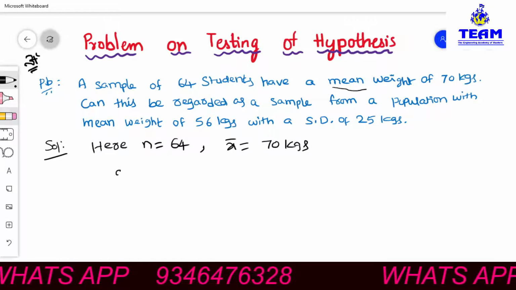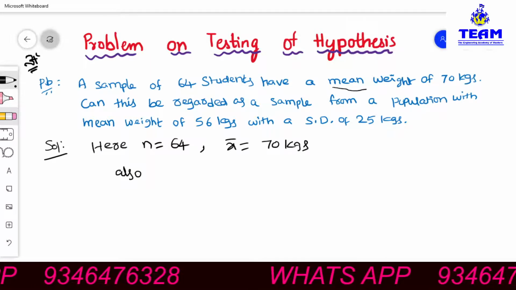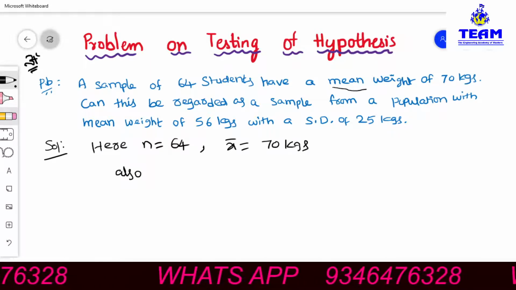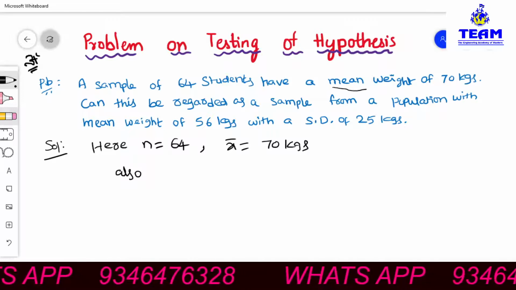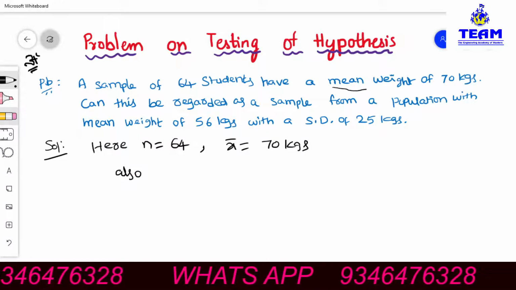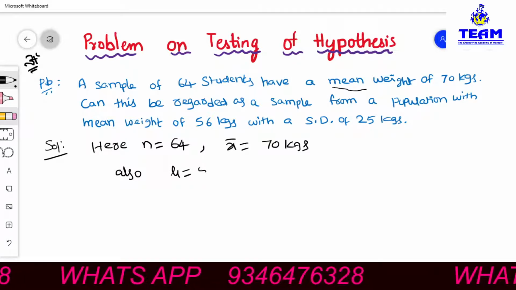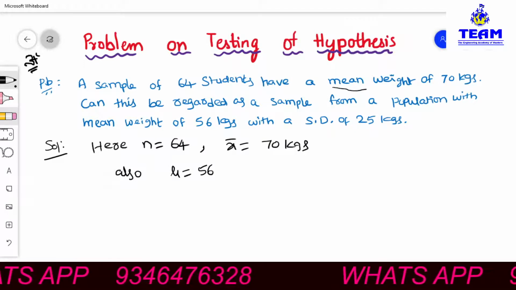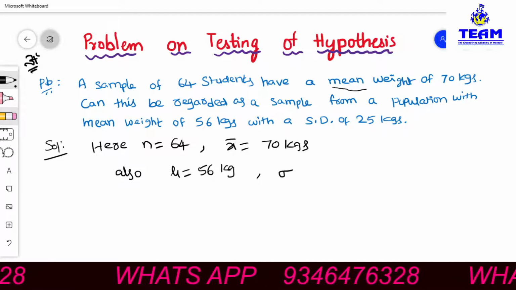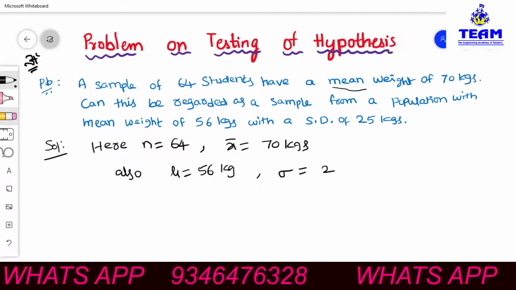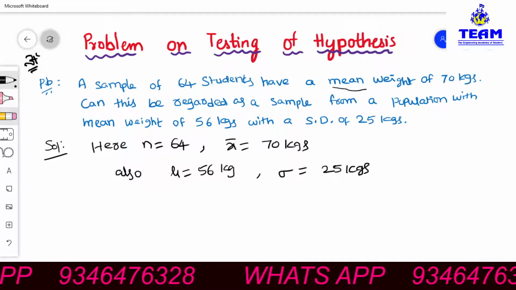Also the population mean is represented with mu equal to 56 kgs, and the standard deviation, represented with sigma, is given as 25 kgs.